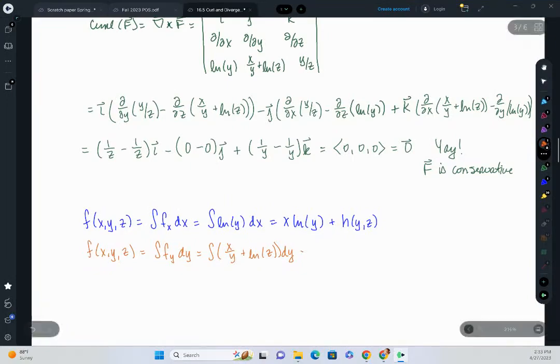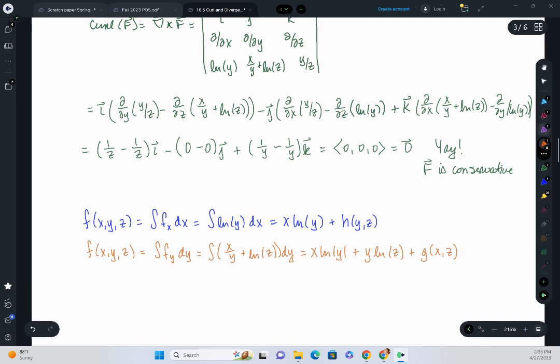Now I'm seeing that the first term is x over y, and x is just a constant, so I'm really integrating 1 over y, which is ln of the absolute value of y. So we get x ln of the absolute value of y, plus the antiderivative of ln of z, which is y ln of z, plus some constant of integration. We'll call it g of xz.